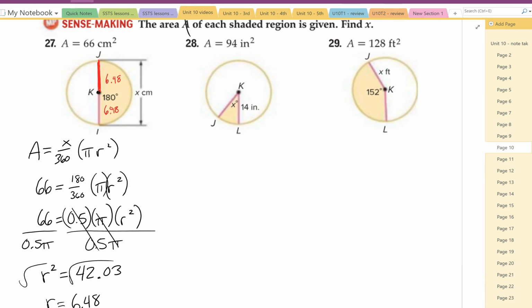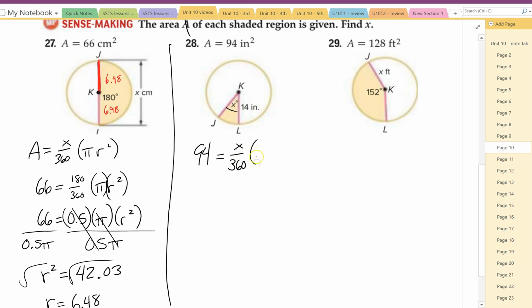All right, what about 28? Now it wants to know this angle in here, okay? Area of this piece of the pie, or this piece of the circle, 94, equals x over 360, right? Because this angle in here is what I don't know, times pi times 14 squared, right?